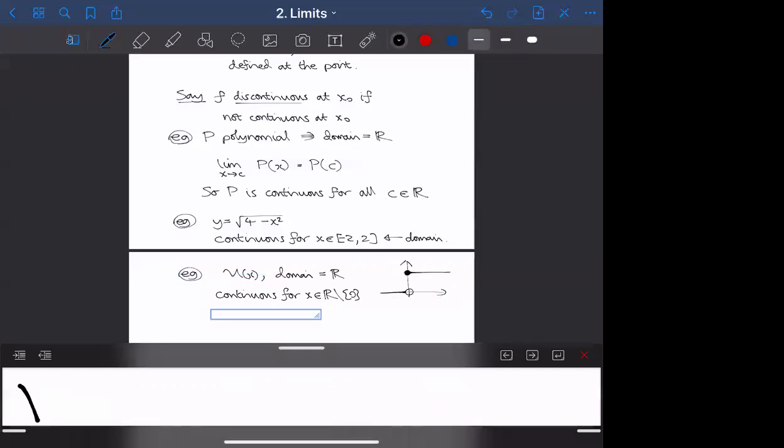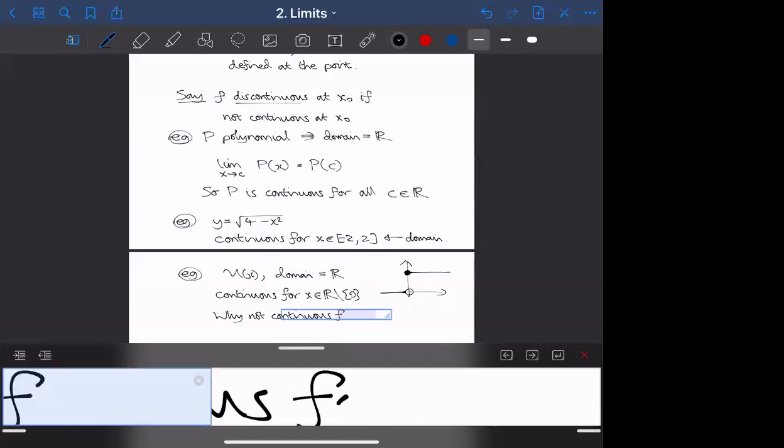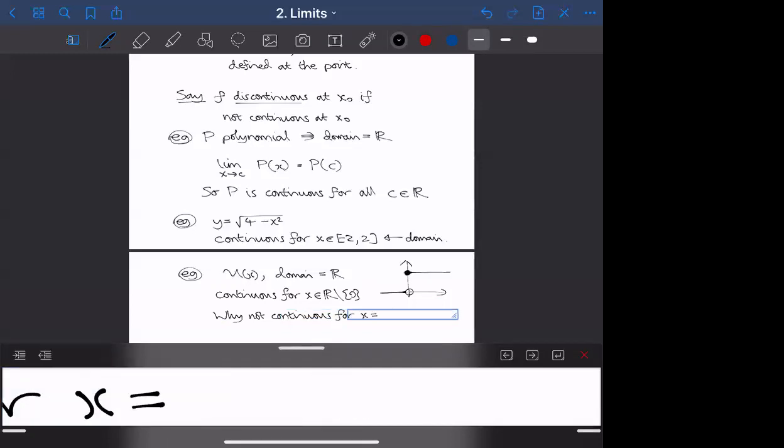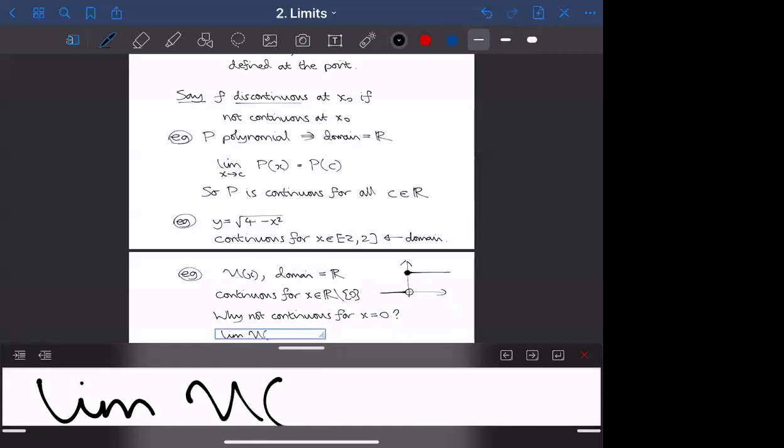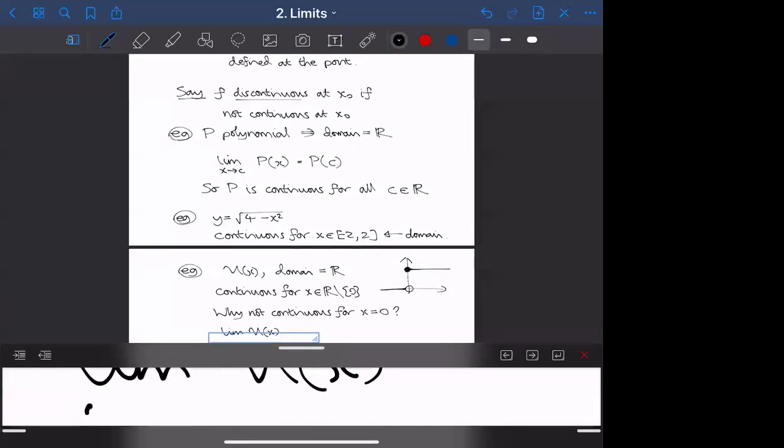So why is it not continuous for x equals 0? Because the limit of u(x) as x goes to 0 does not exist.